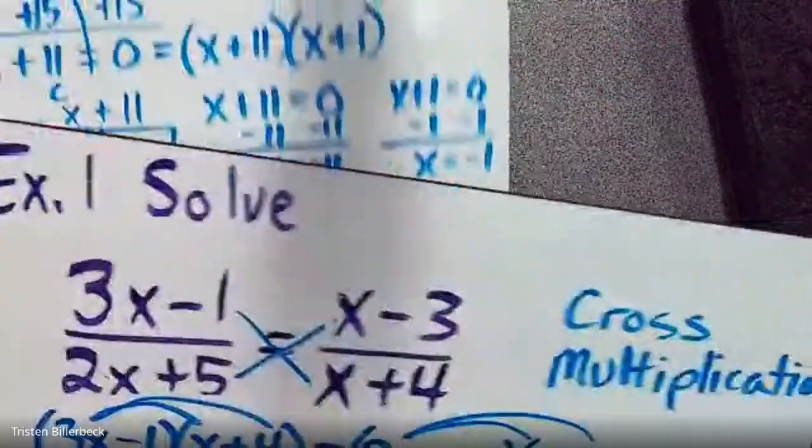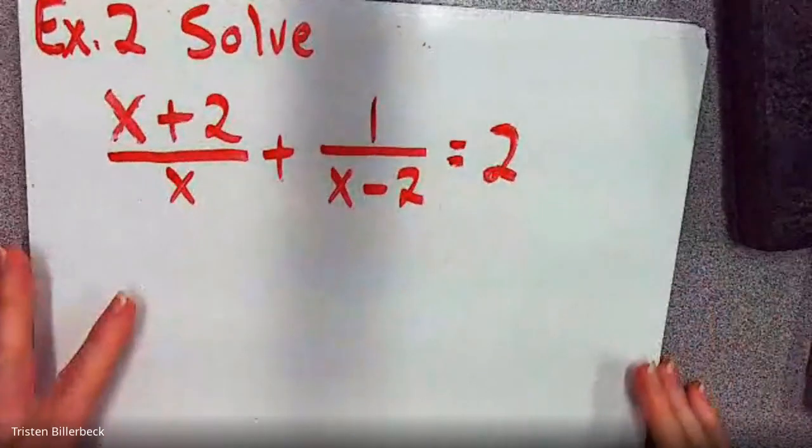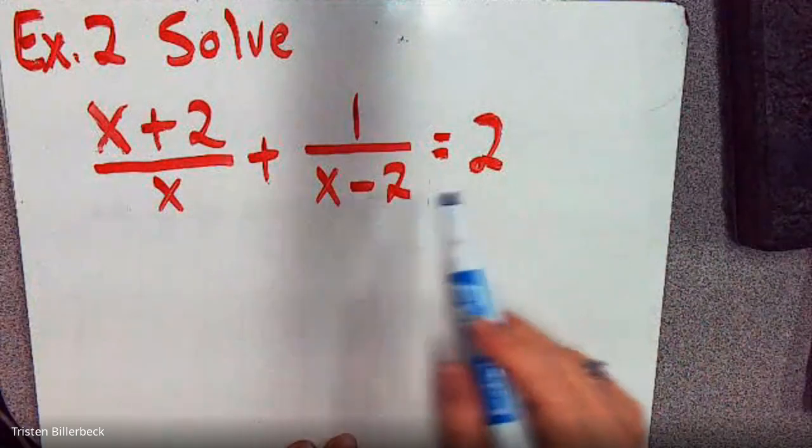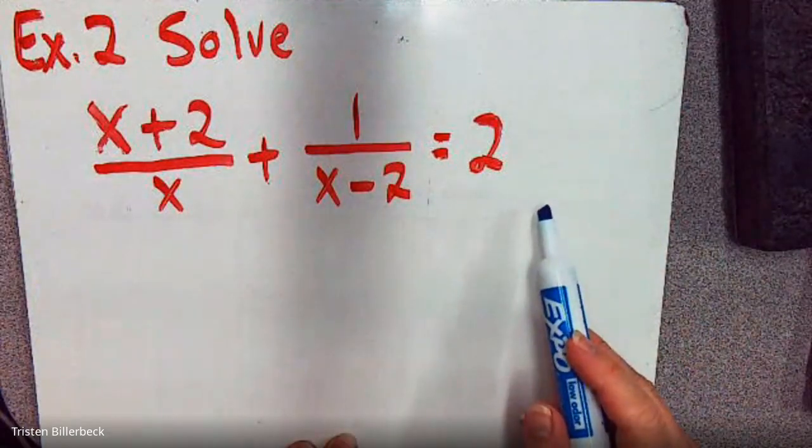Okay, so let's go to the next problem. That problem we did cross multiplication, but sometimes we have problems where we don't just have two terms, we have three terms.